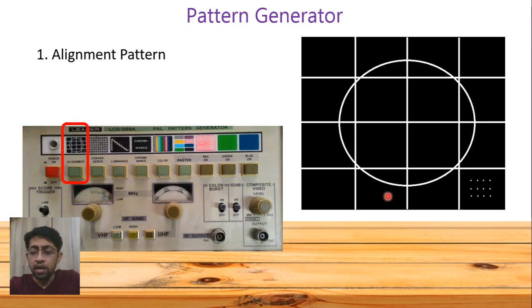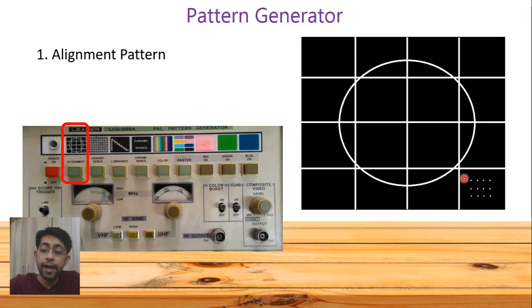Now you can see that some dots are given. These dots are useful for checking the polarity of the current which is flowing through the horizontal deflection coil and vertical deflection coil.